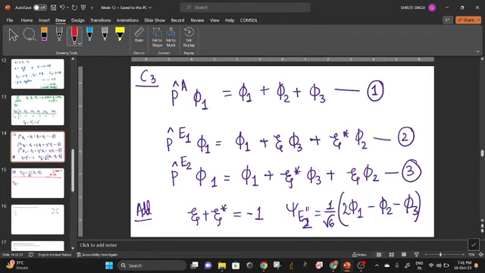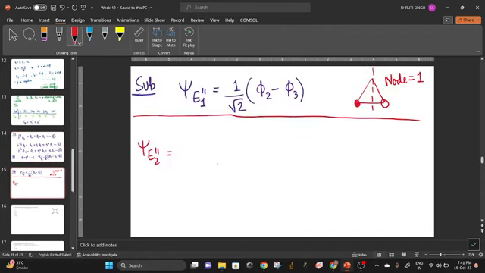Now for psi e2 double dash, this combination we have, this is positive, these two are negative, and psi 1 is twice the magnitude. So this is positive but bigger, this is negative, this is negative.